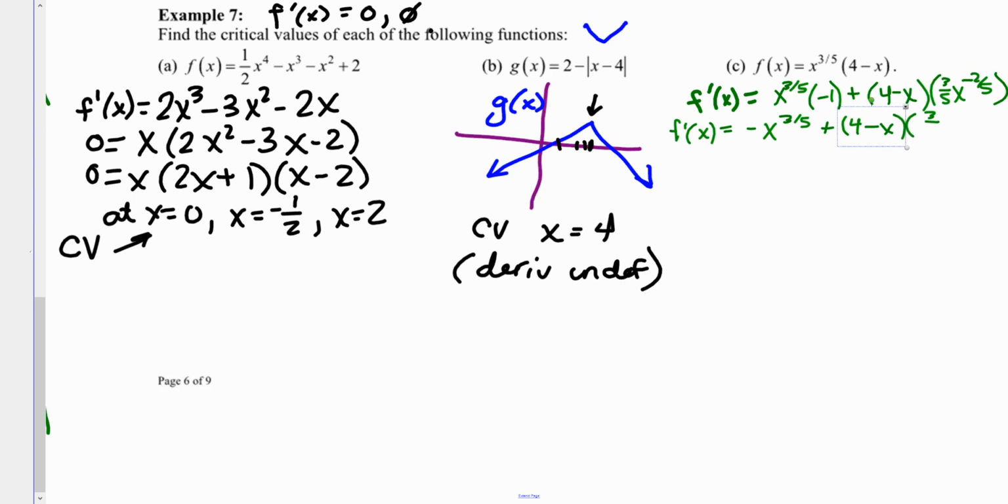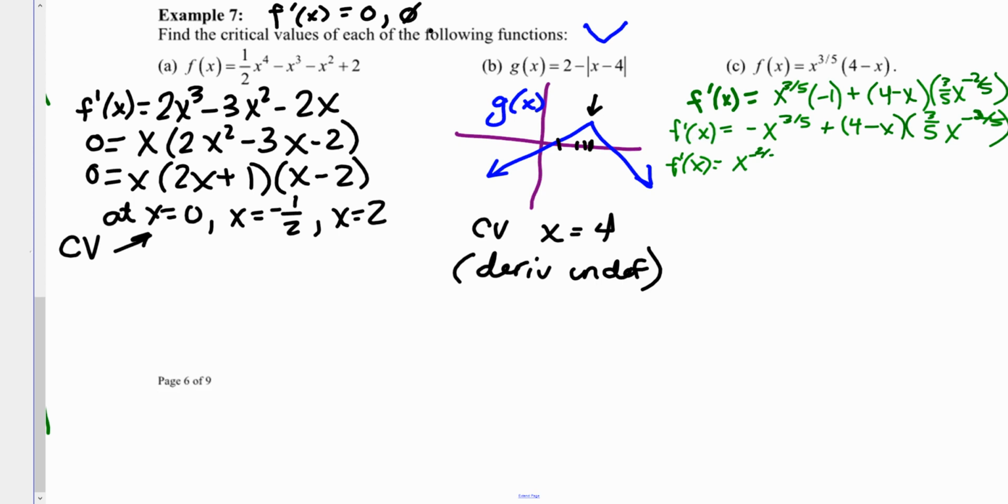We're going to do one of your favorite things coming up. We're going to factor out least powers, because it's good to practice that. All right, so the least power here is x to the -2/5. So I'm going to take that out, x to the -2/5.